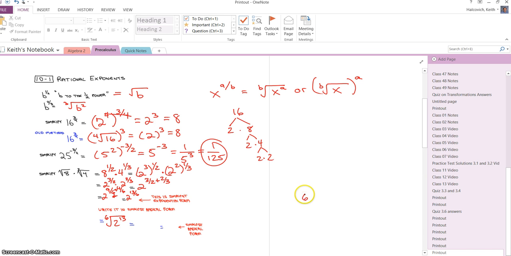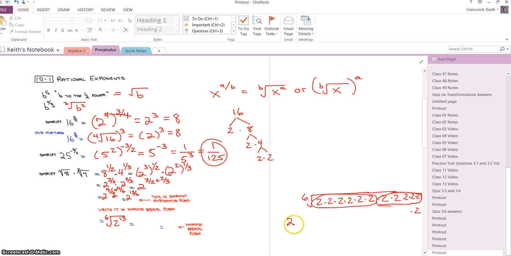Now, you can simplify it because remember you're going 6th root of 2 times 2, 13 times. 10, 11, 12, 13. So remember, you're looking for groups of 6. So there's one group of 6. Two groups of 6, and then you'd have one left over.